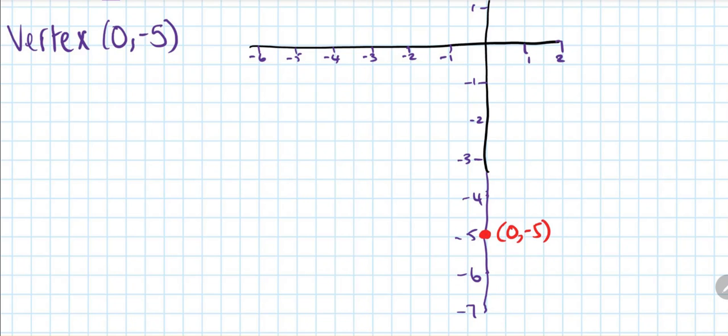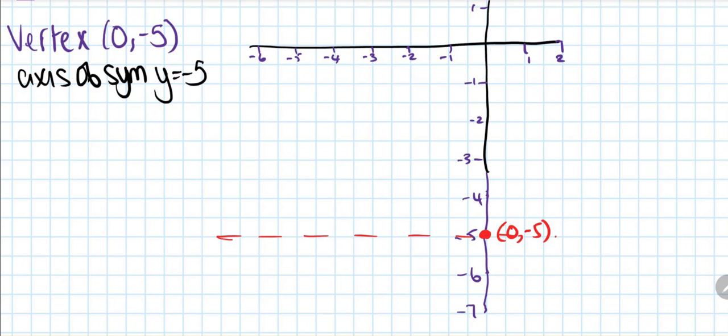And our axis of symmetry we said was at y is equal to minus 5. So this is going to be y is equal to minus 5, our axis of symmetry.